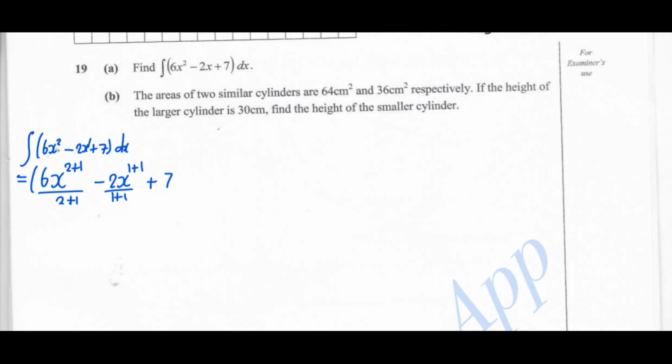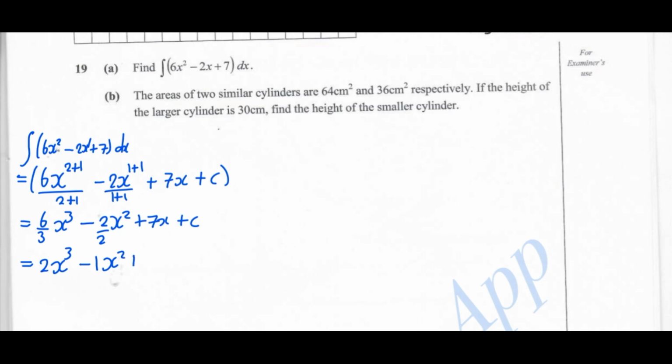Then the constant, you just attach x to it, becomes 7x. So whenever you are solving for indefinite, you add c. This will be 6 over 3 with x raised to the power 3, minus 2 over 2 x squared, plus 7x plus c. So we can now reduce 6 over 3 to give us 2x raised to 3, minus 1x squared, plus 7x plus c.